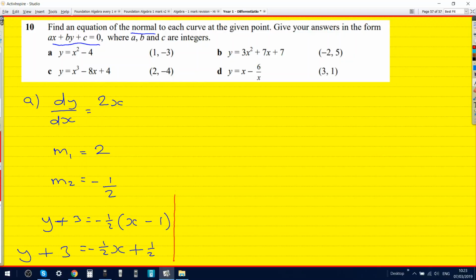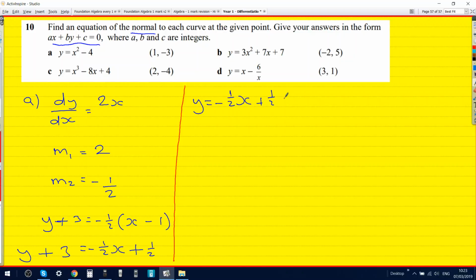Move the 3 over to get minus y equals minus half x plus a half minus 3. Okay. What is a half minus 3? I'll do it on calculator. Minus 5 over 2.